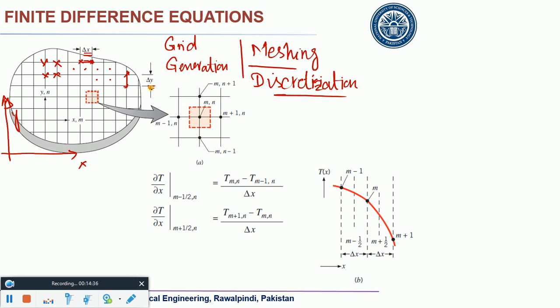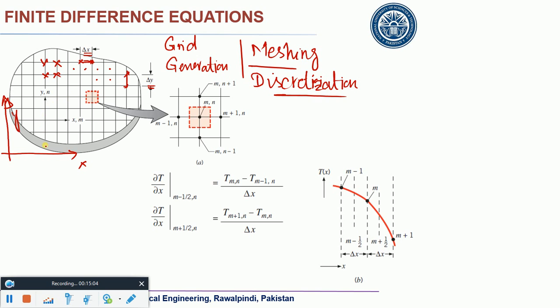Okay, if over the whole surface delta x remains the same and delta y remains the same, it means between any 2 horizontal points delta x remains the same, and between any 2 vertical points delta y remains the same, that grid is known as a uniform grid.